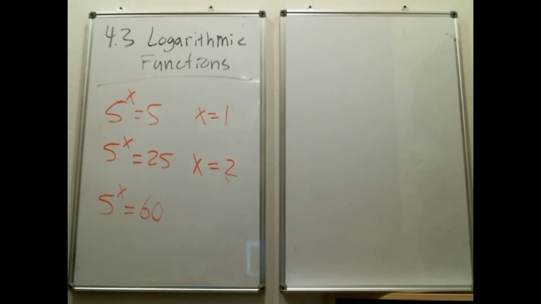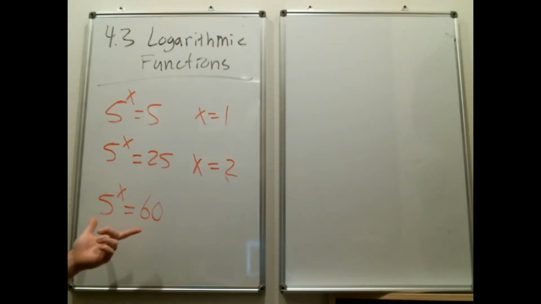So from this point up until now, when we're solving for x, we would multiply, divide, add, subtract, whatever we need to do to get x by itself. But here we're stuck. We don't know what to do because the variable is in the exponent, and we don't know how to get it out of there.